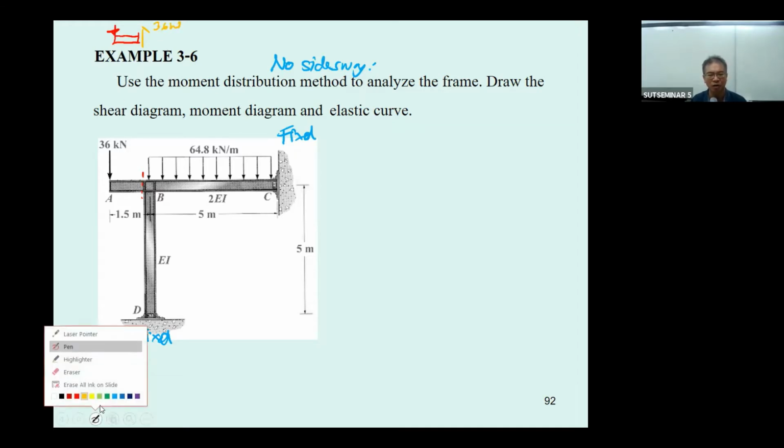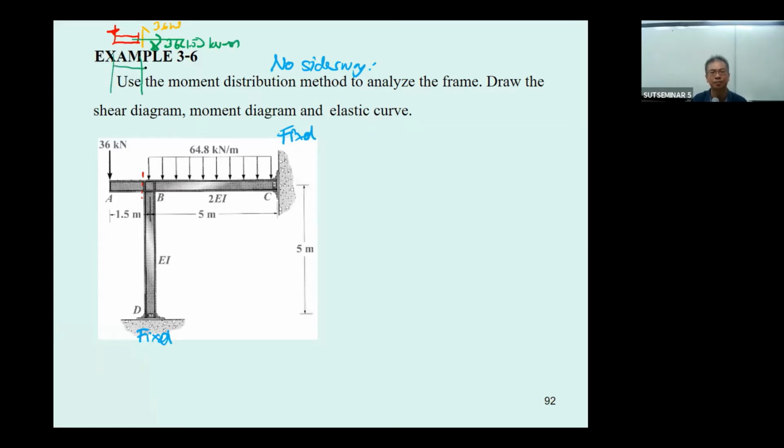And also you will have the end moment to be 36 times 1.5 kilonewton meter. And then you can draw the shear diagram, which is going to be downward and upward, and you can draw the moment diagram of this portion easily.